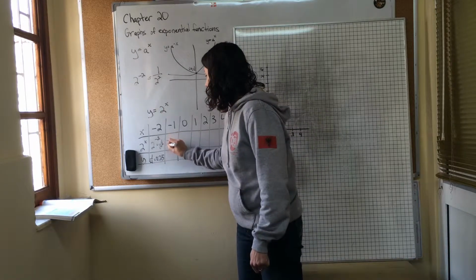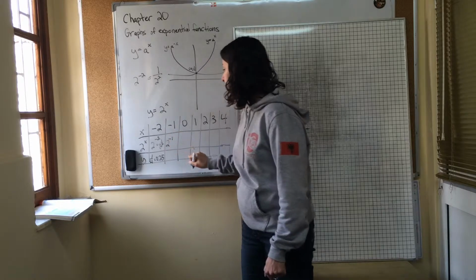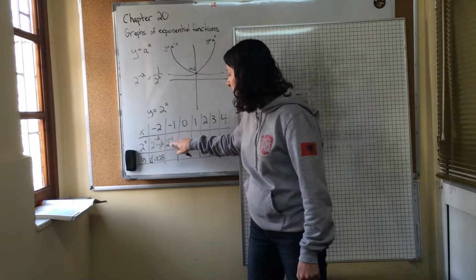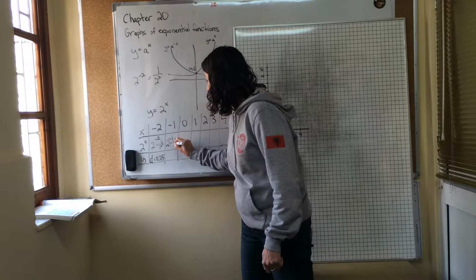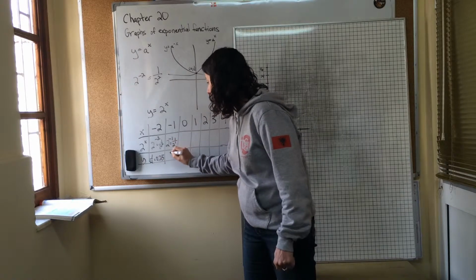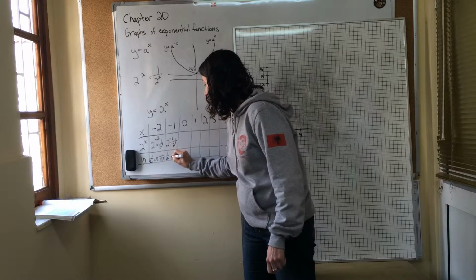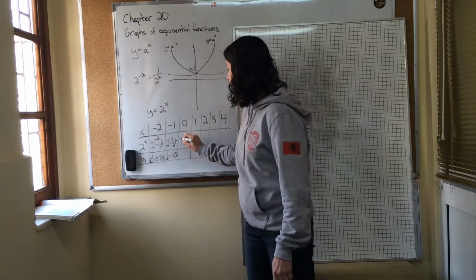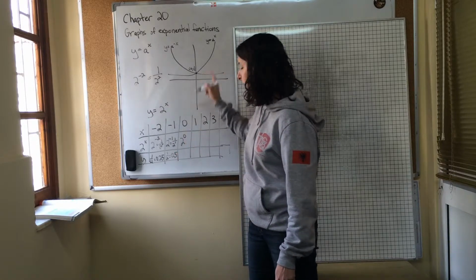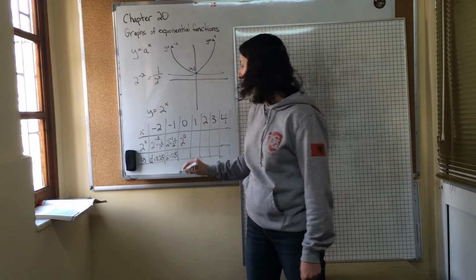This one, we have 2 to the -1 power. We know this negative is going to flip it. So it's going to be 1 over 2 to the 1 power. Well, 2 to the 1 power is 2. So it's 1/2, which is 0.5. 2 to the 0 power, which we said a minute ago, anything to the 0 power is 1.